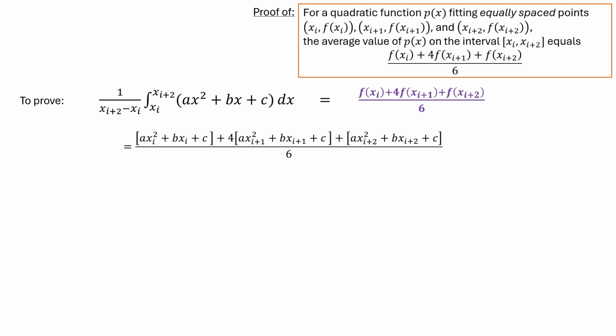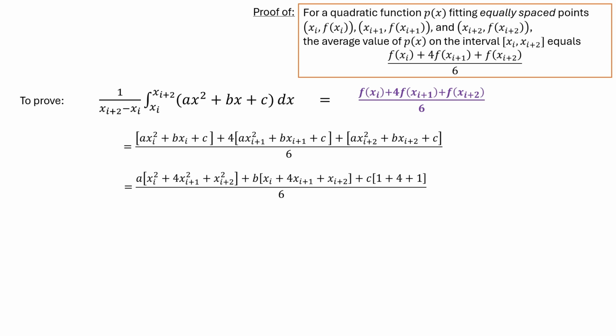Keeping what we had but adding space, and rearranging by putting the a's, b's, and c's together, we know that the right-hand side is equal to this nice expression. For example, we had the terms a xi squared and 4a xi plus 1 squared and a xi plus 2 squared. All of them have an a, so we regroup them in this way.